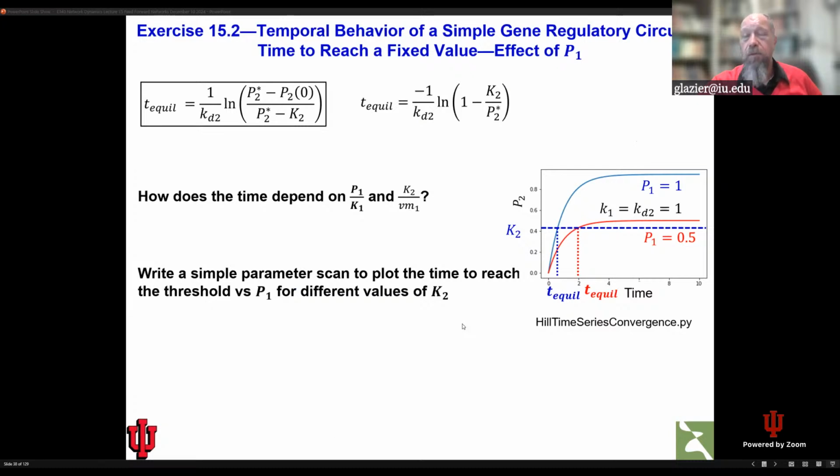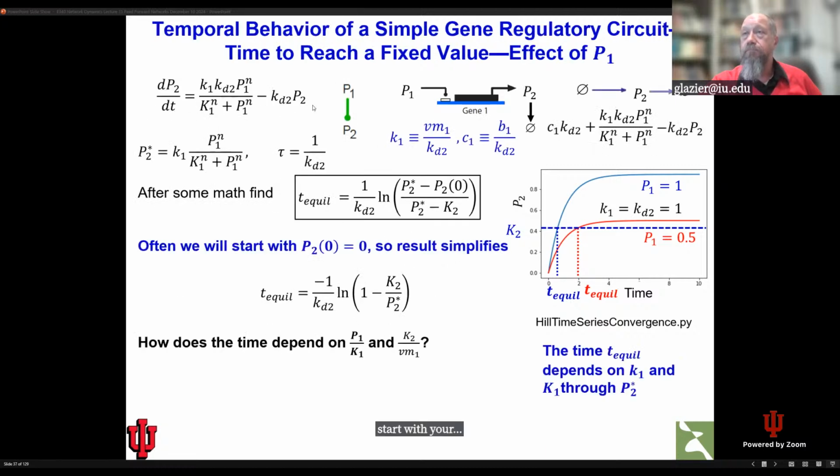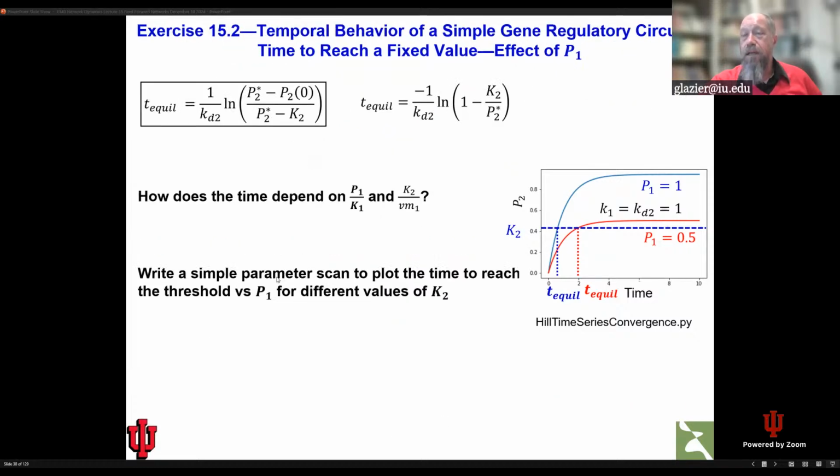And maybe actually, why don't I ask you to do that? It only takes probably a few minutes to do it. So write a little parameter scan, which is the following. Start with your simple differential equation for P2, and then plot how long it takes for P2 to reach your target value K2 as you change K2.